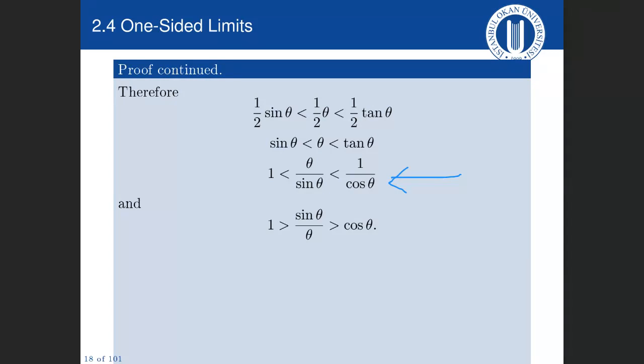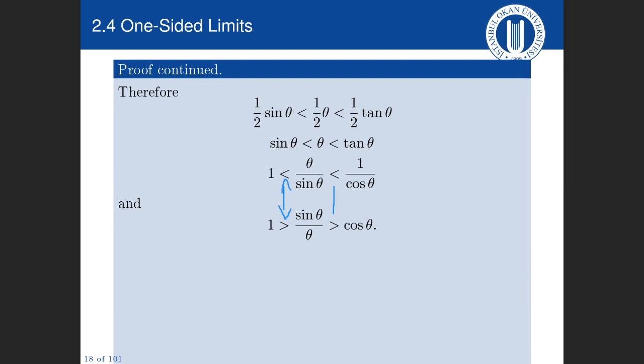Now I want to turn these fractions upside down. I'm going to be using the sandwich theorem shortly. Instead of theta divided by sine theta, I want sine theta divided by theta. So I'm going to be doing this to the power minus 1. And when we do that, when each term is put to the power minus 1, we need to reverse the inequalities.